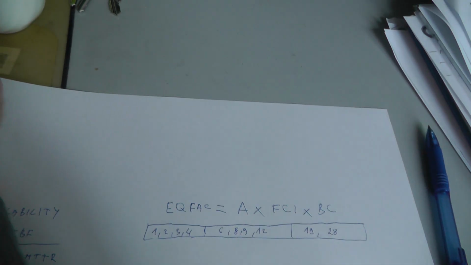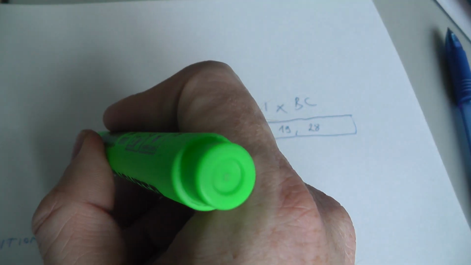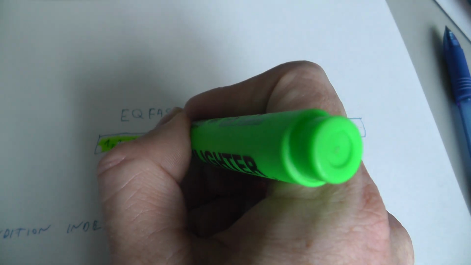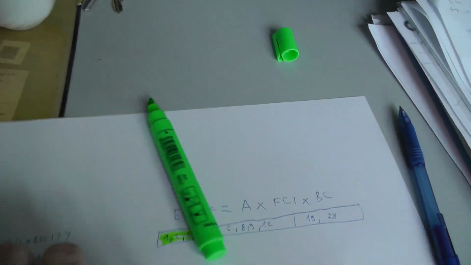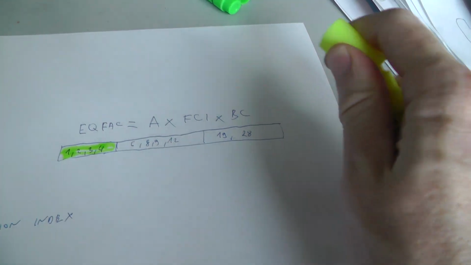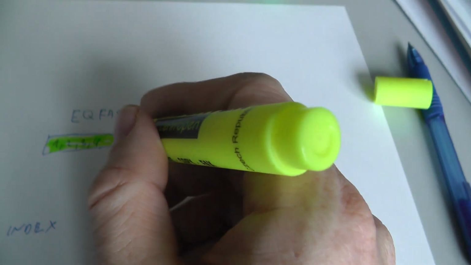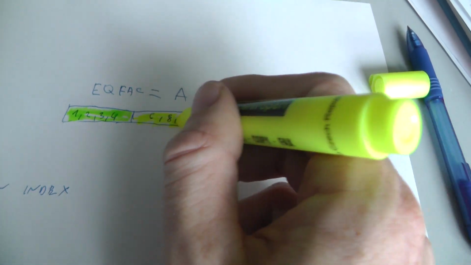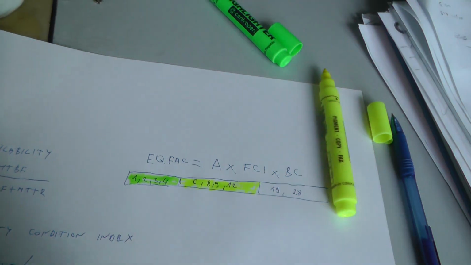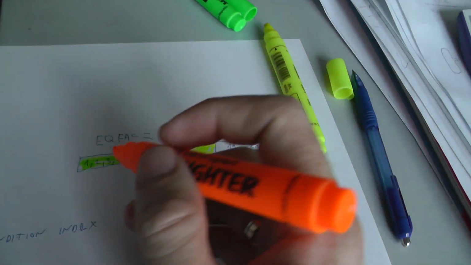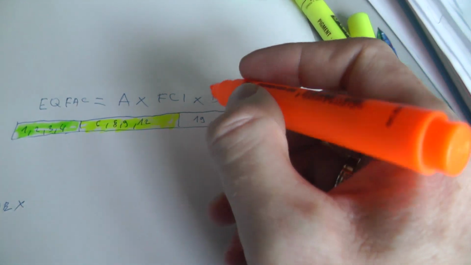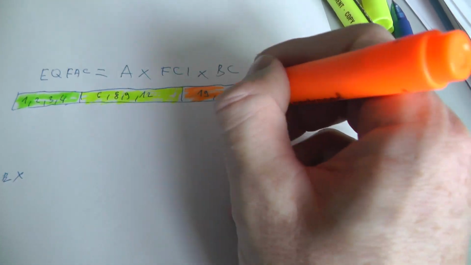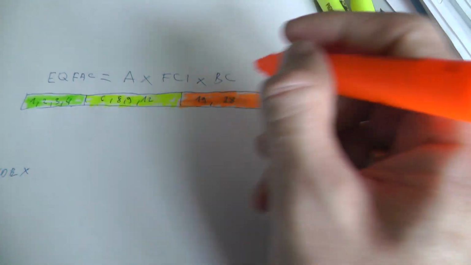We know that this is a green line, which is good, not critical. After that we have a yellow line, which is the middle range, and the last range is red or orange, and it's the critical. So this is critical equipment here, after this calculation.